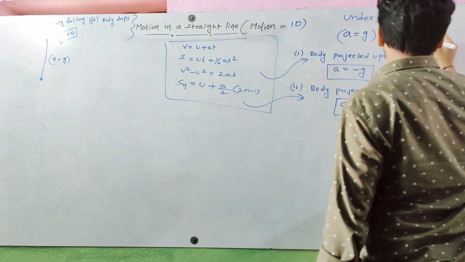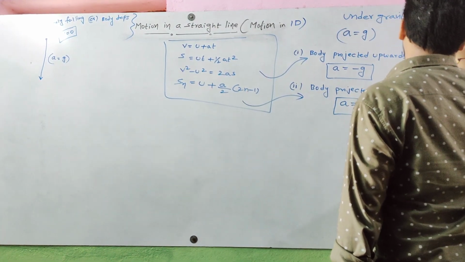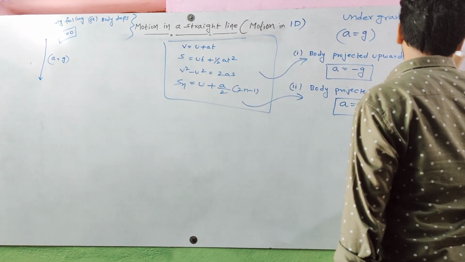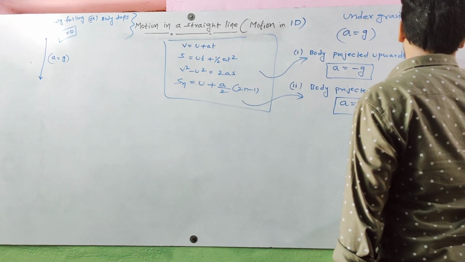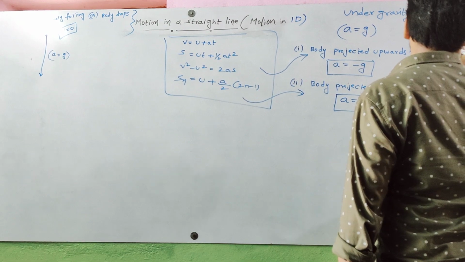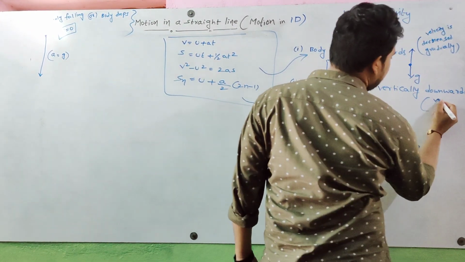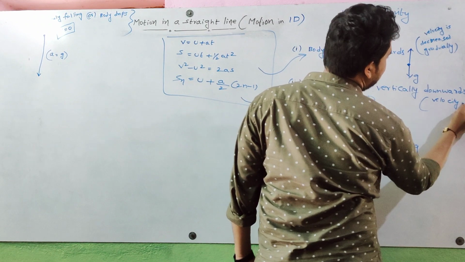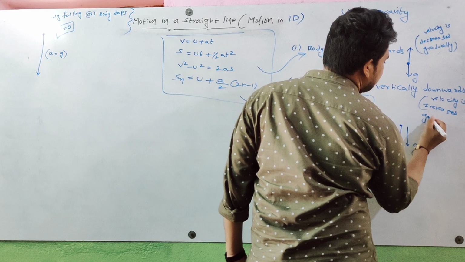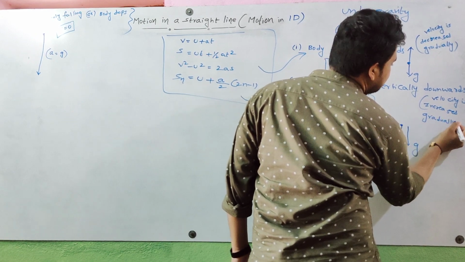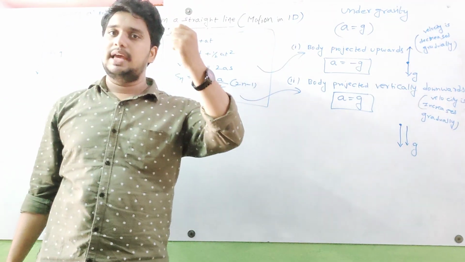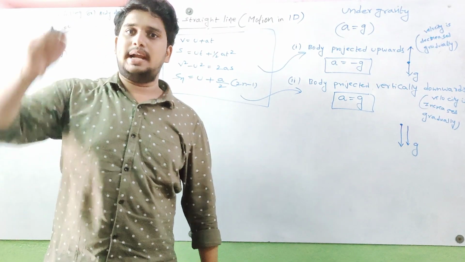When a body is projected upwards, the velocity decreases gradually and becomes 0.